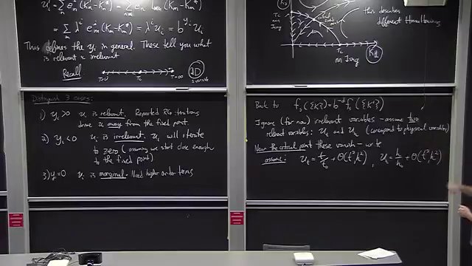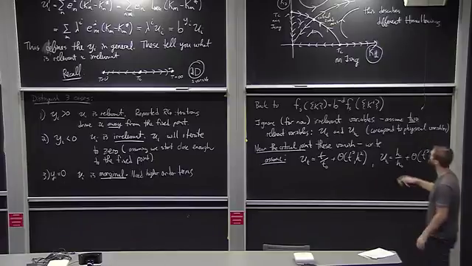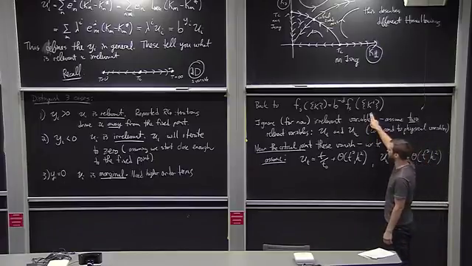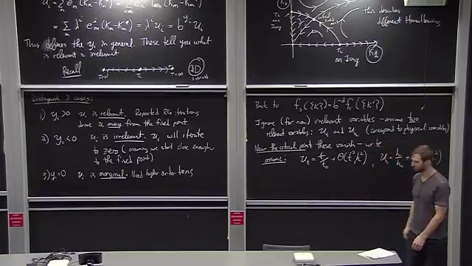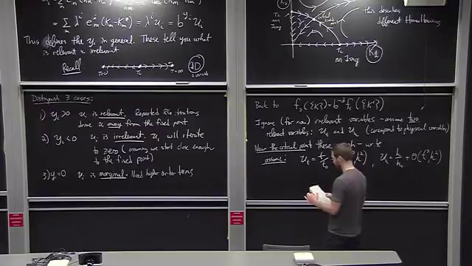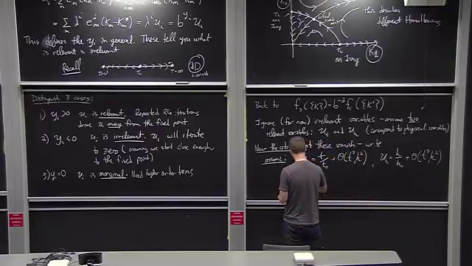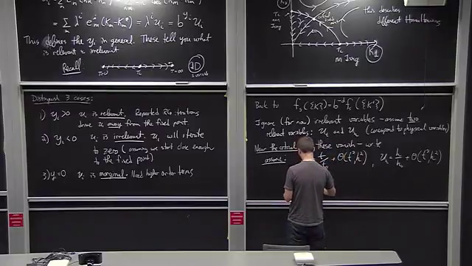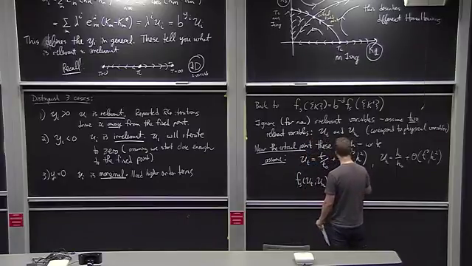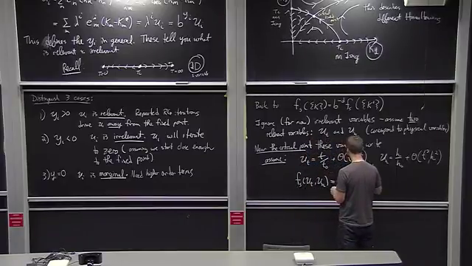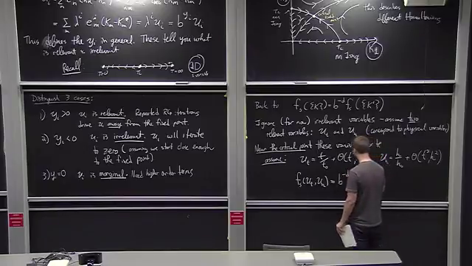So let me write the free energy, which I've written as over that set of all couplings. Now I'm just going to write it in terms of these scaling variables. Okay, so b to the minus d, that's the scaling dimension of the free energy, or the free energy density.